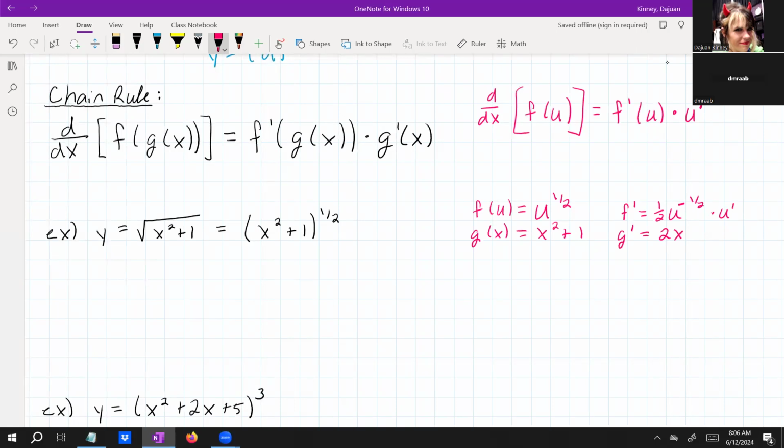All right, so y prime, the derivative of the outside is 1/2, leave the inside alone, to the -1/2, times the derivative of my inside, which is just 2x. So this is my f prime g, and this is my g prime.